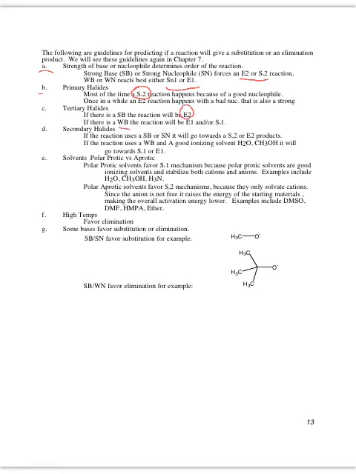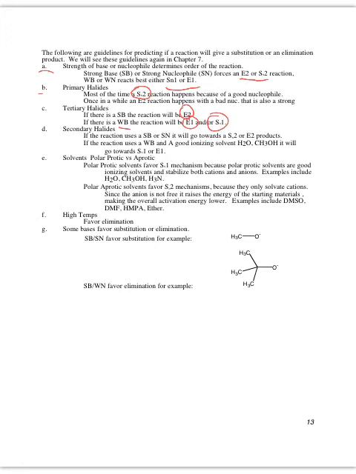If you have a weak base, they're going to be either an E1 or an SN1. And then secondary halides, depending on what you have, can be SN2 or E2 or SN1 or E1, and you really have to be careful what you have going on. If you have a strong base, strong nucleophile, it'll be a 2 mechanism. If you have a weak base, weak nucleophile, it'll be a 1 mechanism.